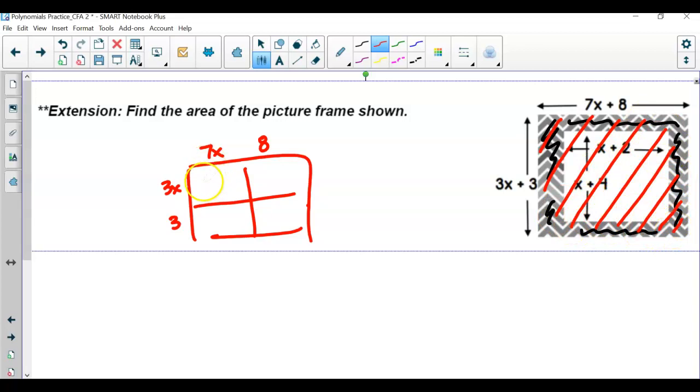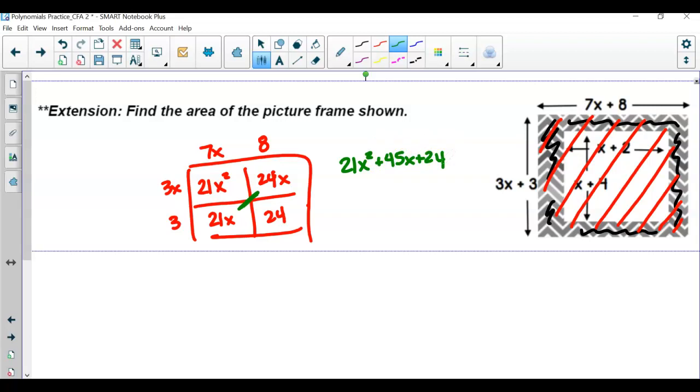So this is 21x squared, 24x, then 7x times 3 is 21x, and 8 times 3 is 24. Then when you combine your like terms here, you do have 21x squared plus 45x plus 24.